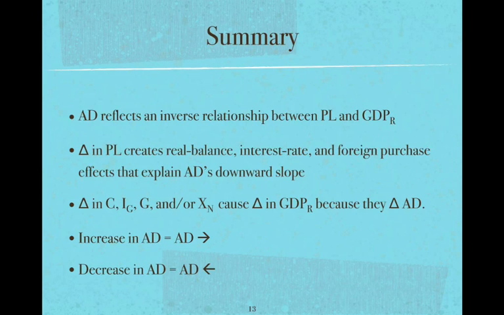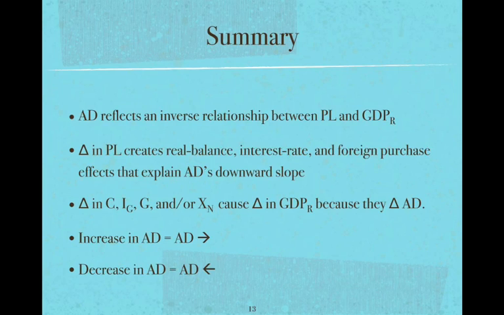Okay? So I threw on here a summary slide just because I know this is sort of a lot and I'm going through quickly and I'm not there to ask questions in person. But AD reflects an inverse relationship between price level and real GDP. In other words, whenever the real price levels for the economy are up higher, there's going to be less total demand for final goods and services.